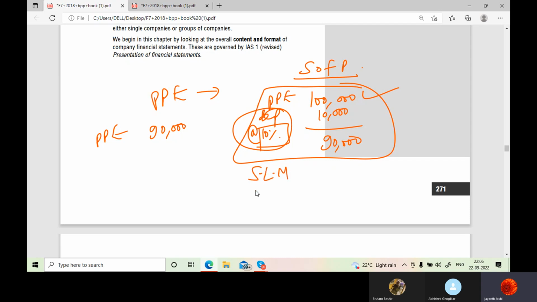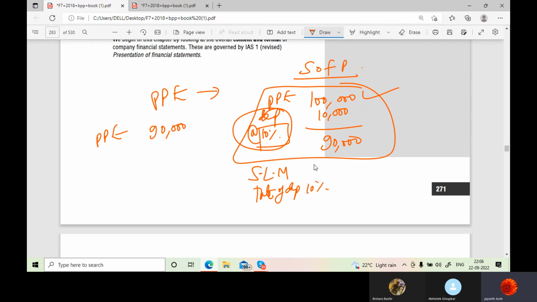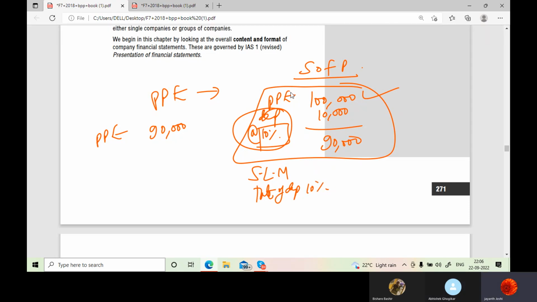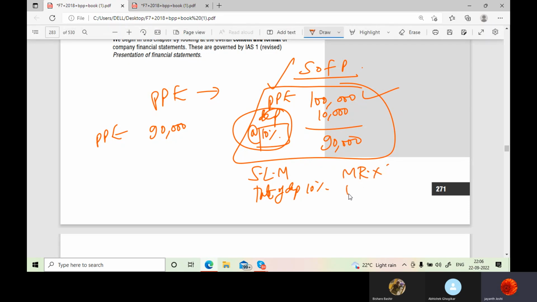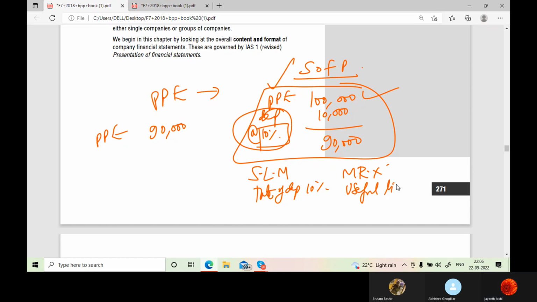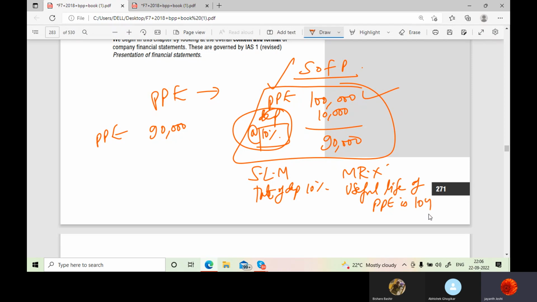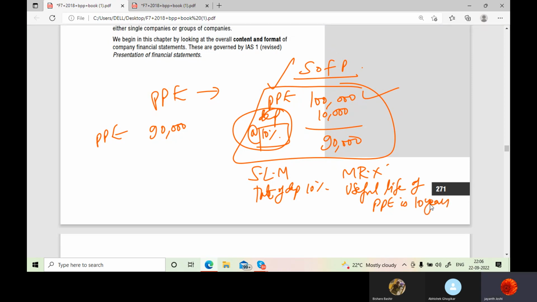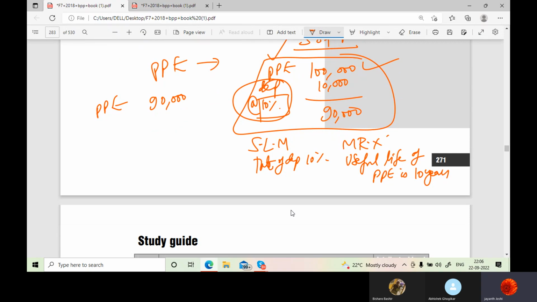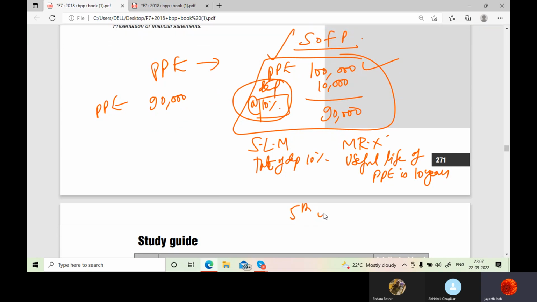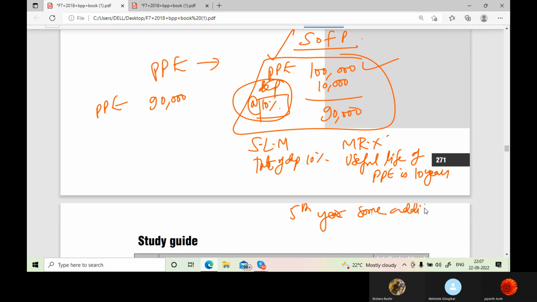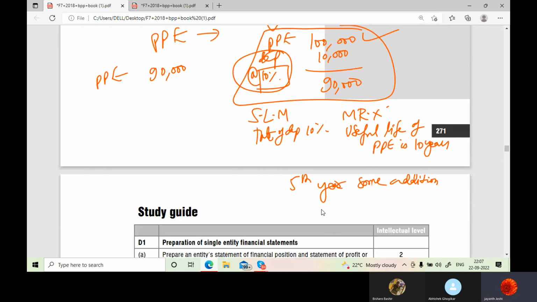Straight line method you're following, rate of depreciation is 10%, and you have bought this asset from Mr. X, and the useful life of this property, plant and equipment is, let's say, 10 years, and in the 5th year you have done some addition to this asset or some improvement.